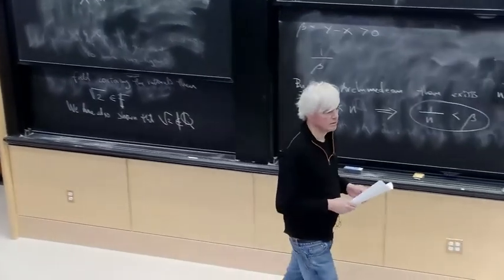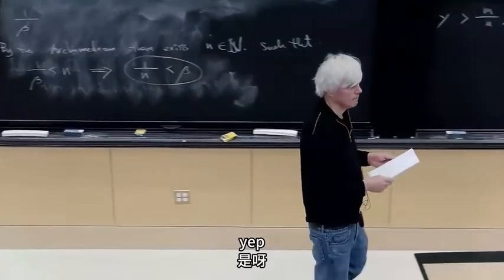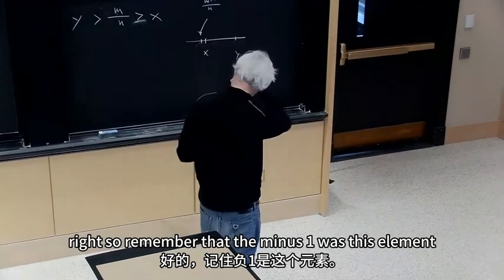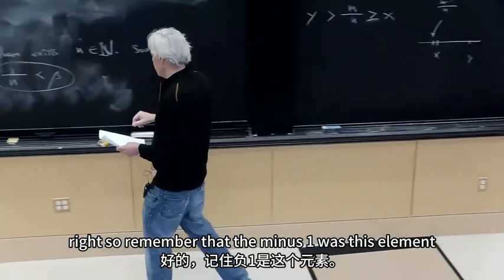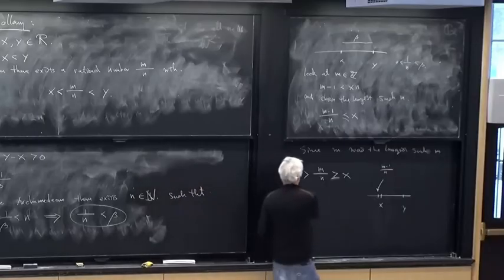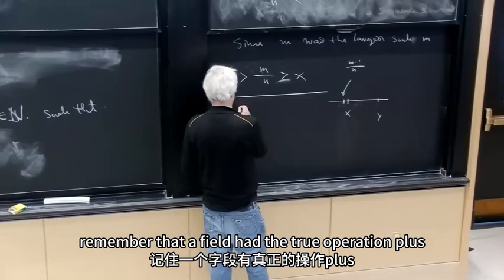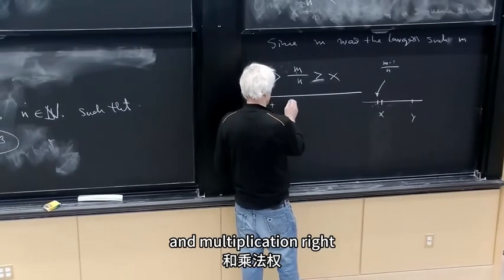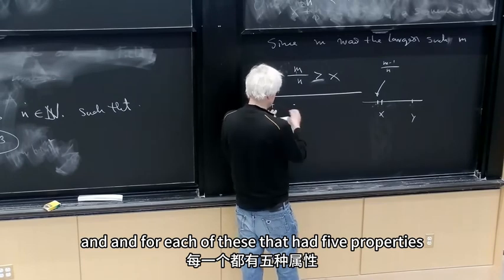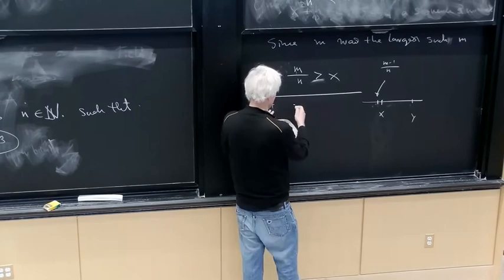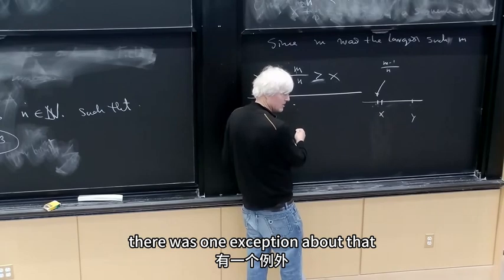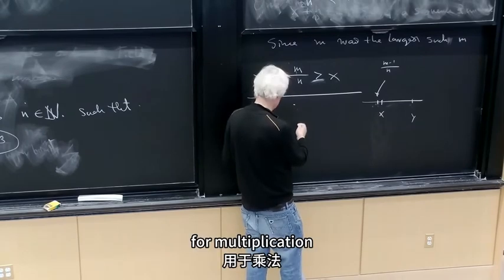So we define plus and multiplication. How do we define, like, minus 1, for example? Right, so remember that a field had the two operations, plus and multiplication, and for each of these there were almost the same properties. There was one exception: 0 didn't have an inverse for multiplication.